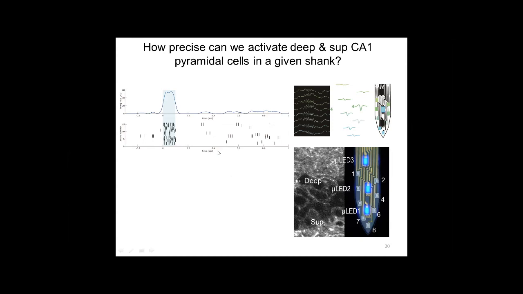Now, in the dorsal CA1, connectivity between pyramidal cells is extremely rare, and this makes our lives a bit easier. So we expect that if we see pyramidal cells responding to light here, it is because they are expressing the opsin. With connectivity between pyramidal cells very low, we are somehow discarding the indirect effect.